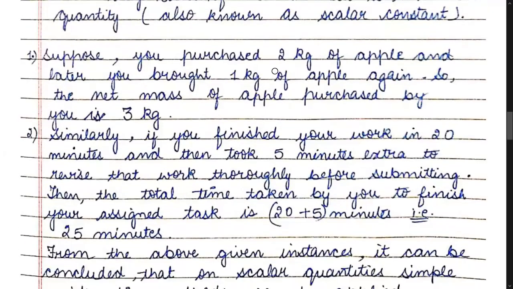Now children, suppose you purchase 2 kilogram of apple, and later you buy 1 kilogram of apple again. So the total mass of apple purchased by you is 2 plus 1, that is 3 kilogram. We have simply added here.